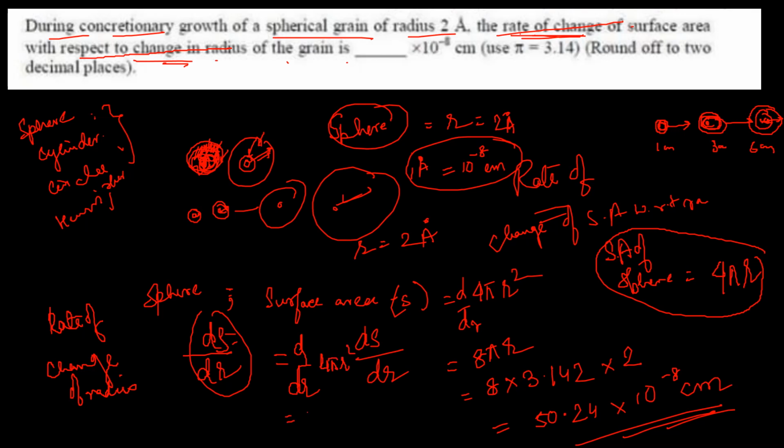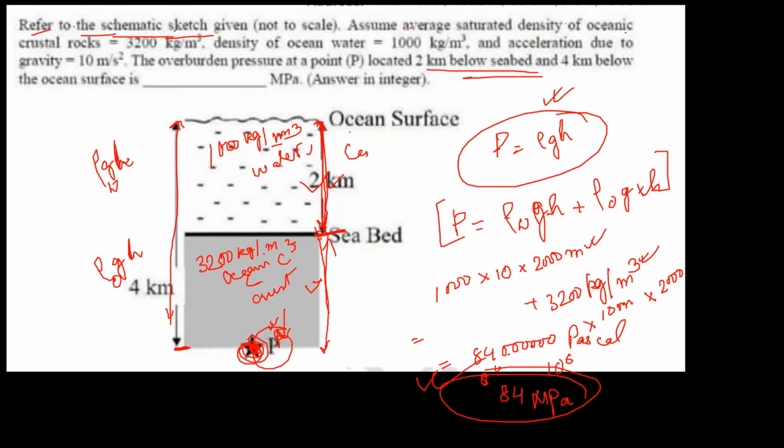If we differentiate, we will get 8 pi r. Now if we put the values, 8 into 3.142 into r, the initial radius was 2, then we will get the answer, that is 50.24 into 10 to the power minus 8. We have to know that 1 angstrom equals 10 to the power minus 8 centimeters, so the answer is in centimeters: 50.24 into 10 to the power minus 8 centimeters.